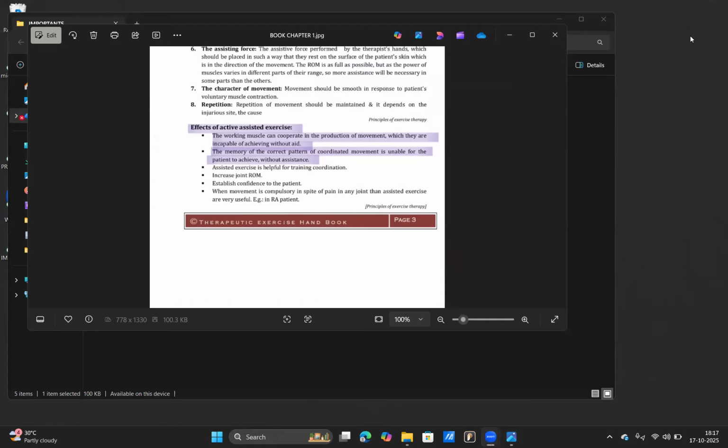Now let's know about active resisted movements. As in active assisted the therapist assists the patient's movement, in active resisted the therapist resists the patient's movement. We ask the patient to do a particular movement by themselves, and we resist the force of the muscles and the joint.